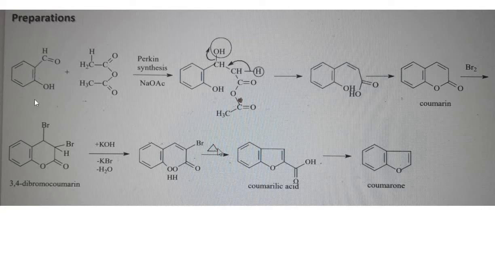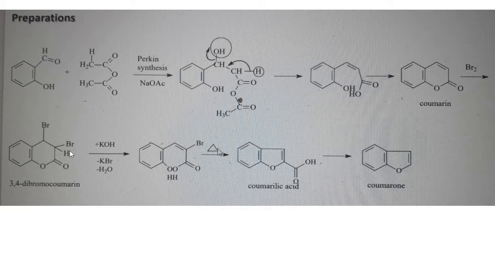Starting with this aldehyde alcohol, which is salicylaldehyde, with acetic anhydride, Perkin synthesis, carbon-carbon bond formation, and then after rearrangement you will get such type of compound. This is your coumarin. Then again it will go with bromination.